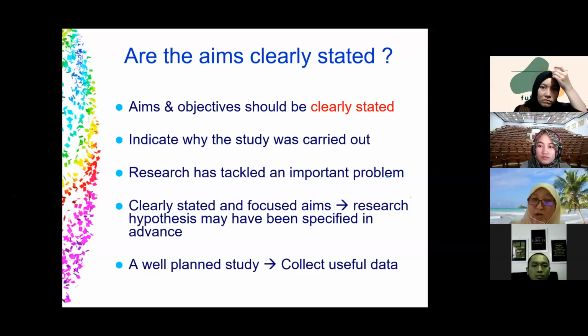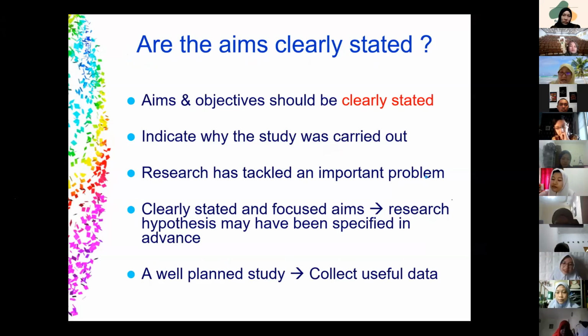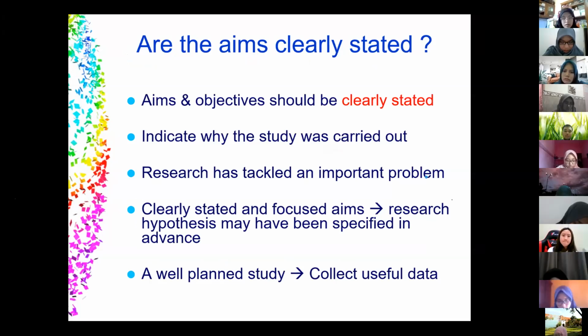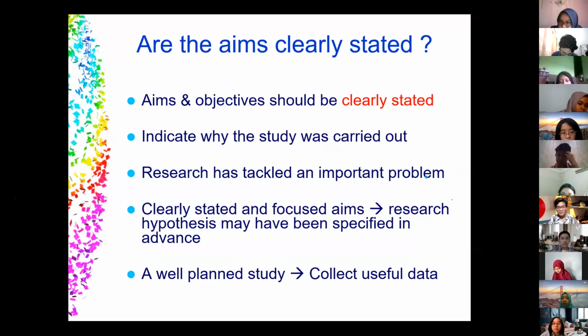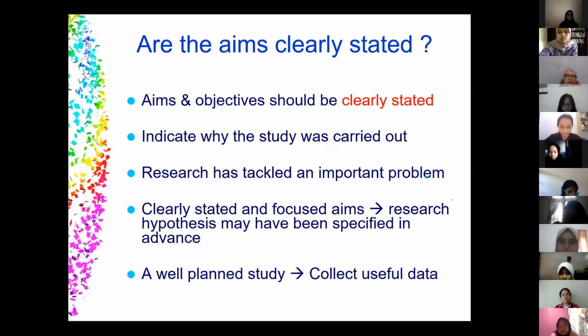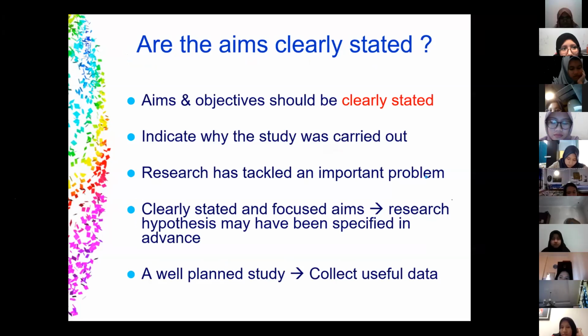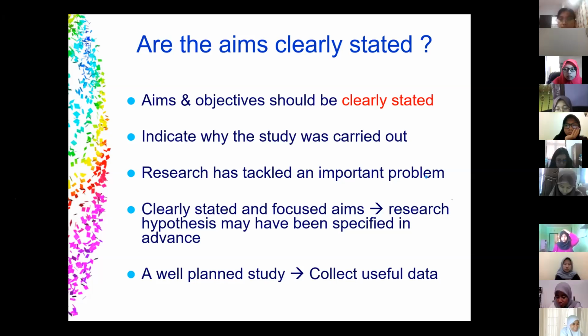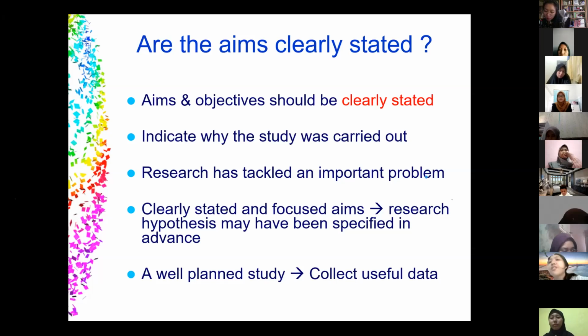But the research question or hypothesis should be clearly stated because it indicates why the study was carried out, and it will tell you whether this research tackles an important problem or not. It will tell us whether this paper that I'm going to read is going to add any new information to whatever I already know?